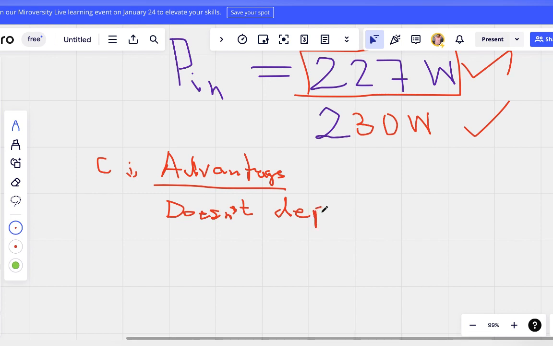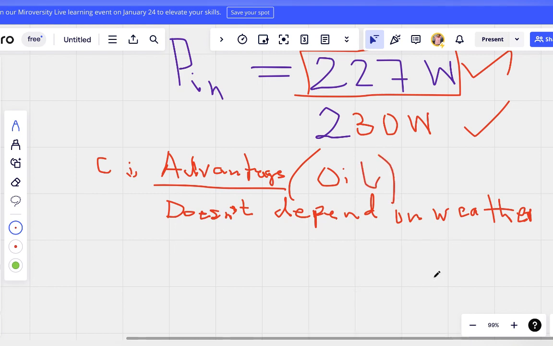Or you can say it's independent of the weather. Okay, so this is one advantage of using oil for a power station to generate electricity. So they just want one advantage.